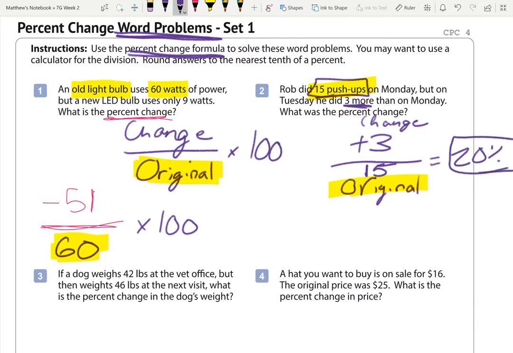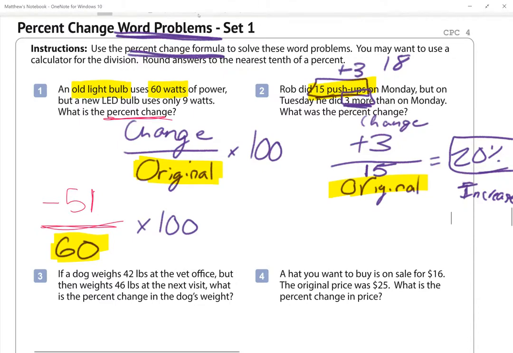All right. And is this going to be a positive or increase, or is this going to be a decrease? Well, I'm going up from 15 to now 18, right? I'm going up 3 more. So it's going to be a 20% increase. If I did 3 less, then it'd be a 20% decrease.